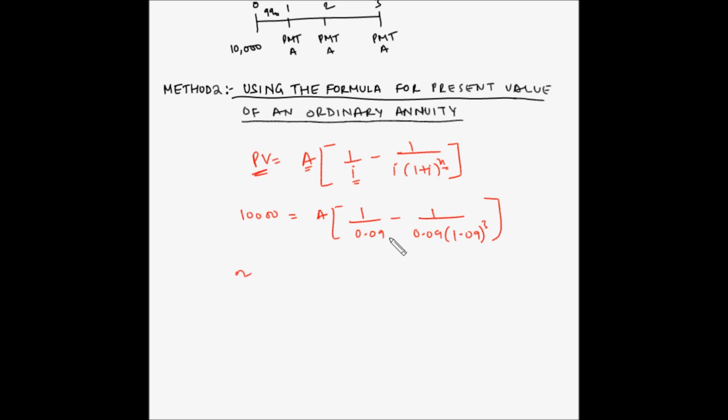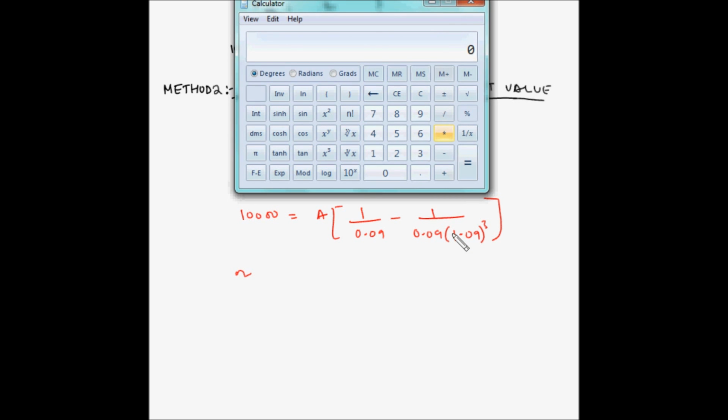So now let's calculate this bracket. So we'll first take this part: 1.09 cube into 0.09, and 1 by x, this is negative, plus 0.09 reciprocal, so this is 2.53.